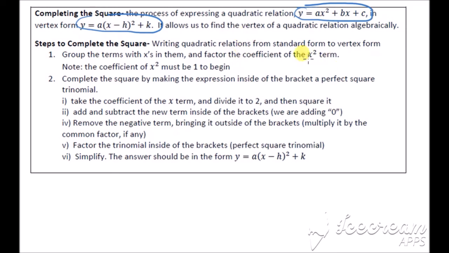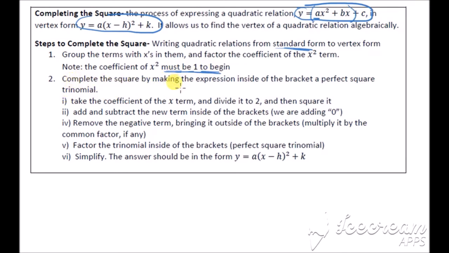First, write the quadratic relation in standard form, and then group the x terms and factor out any coefficient that the x squared term has. We don't actually factor out the x, just the coefficient of the x squared, because the x squared must have a coefficient of 1 to begin completing the square.